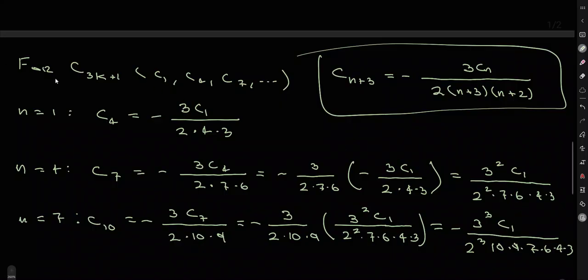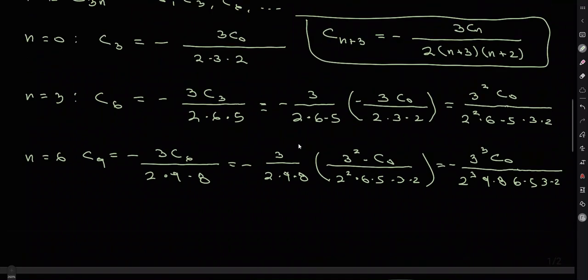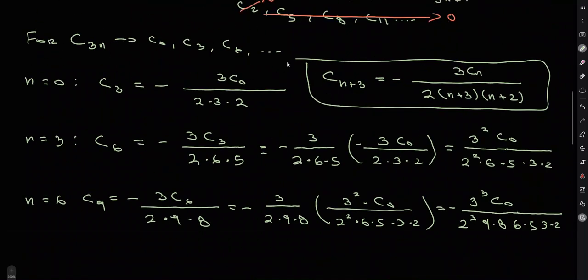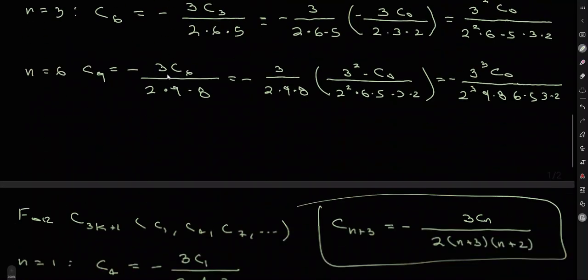Now, again, see how this set of coefficients we obtained over here are all in terms of c sub 1. All of these coefficients we computed before are all in terms of c sub 2. That's because all of these coefficients are going to be some of the terms of the power series in terms of c sub 0, which are going to be part of the first linearly independent solution to the differential equation.